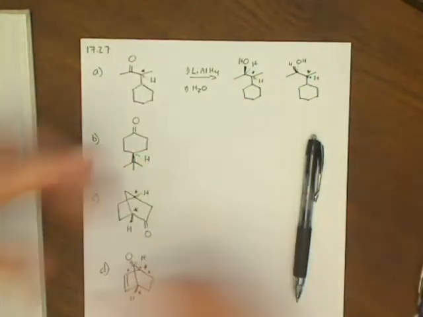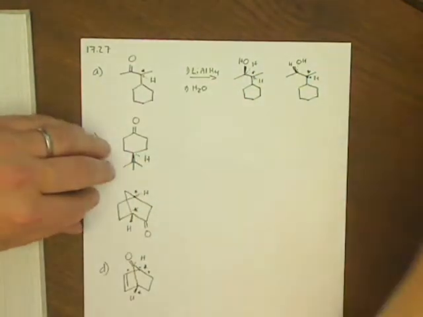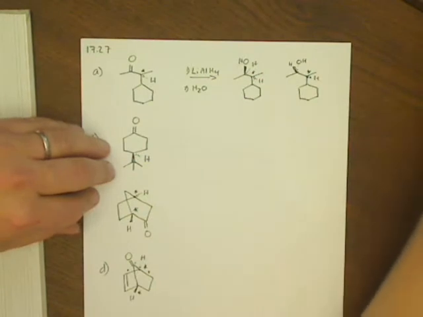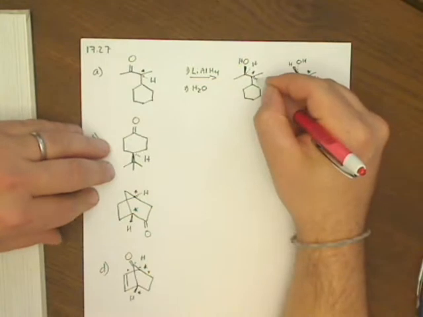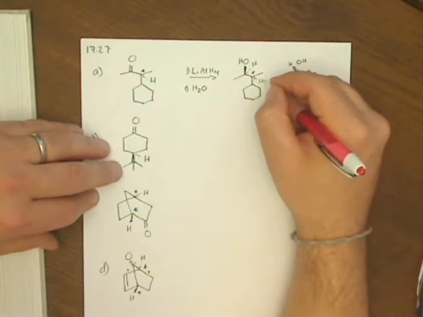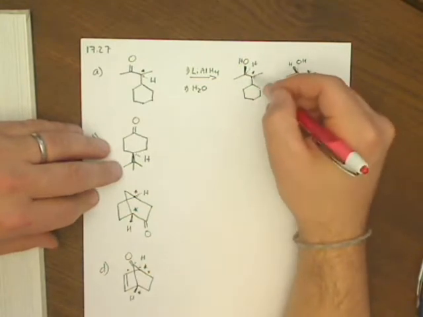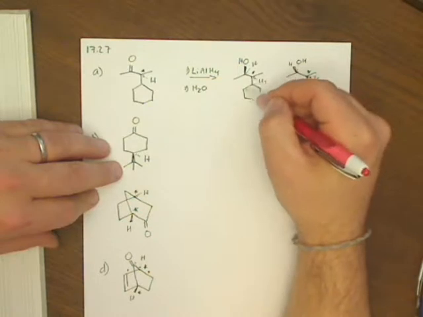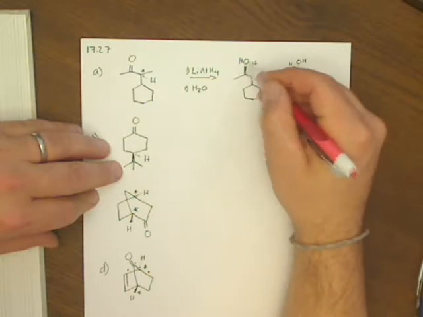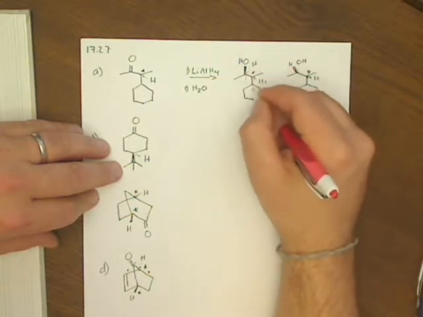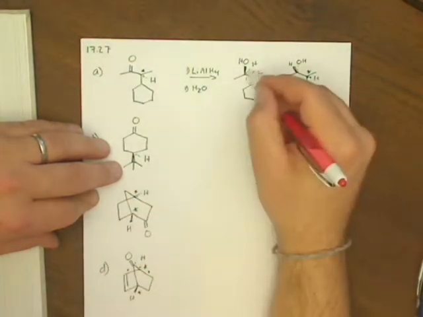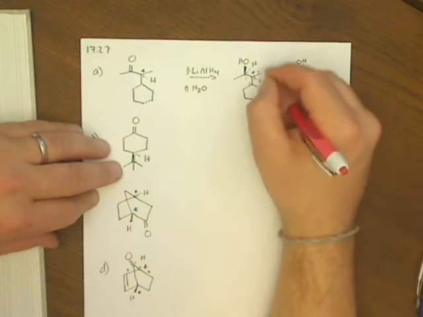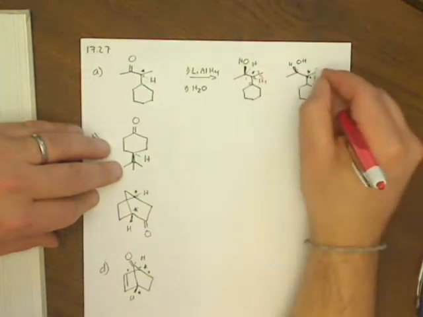For example, this carbon right here has the lowest priority substituent, the hydrogen, so that's 4. We have a carbon there that's got 2 carbons, and a carbon there that's got a carbon and oxygen. This one wins, so that's a 1. This is a 2, and this is a 3. So the stereochemical designation here is S, and here it is S.